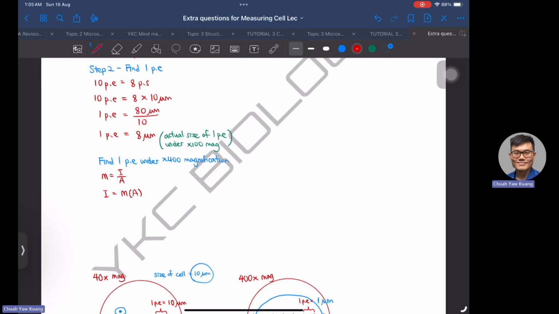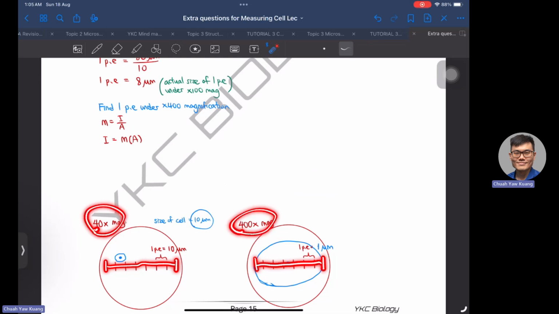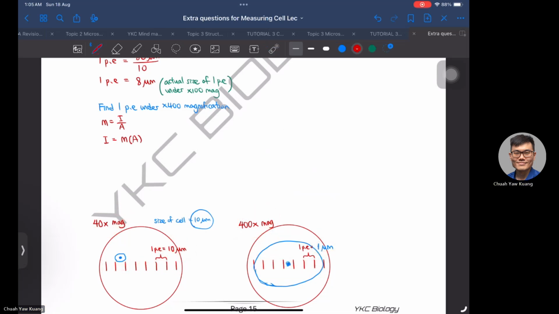Now we apply the concept just now. The image size of the eyepiece reticule is always the same regardless of the magnification. The only thing that changes is the actual size.